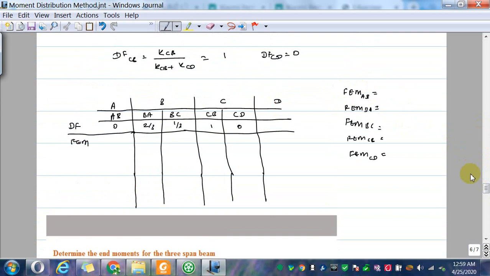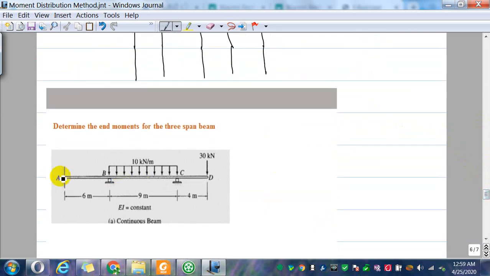Now AB and BA. If you consider the fixed end moment at A and B, FEM AB and FEM BA, if A and B are fixed, you would have had a fixed end moment.